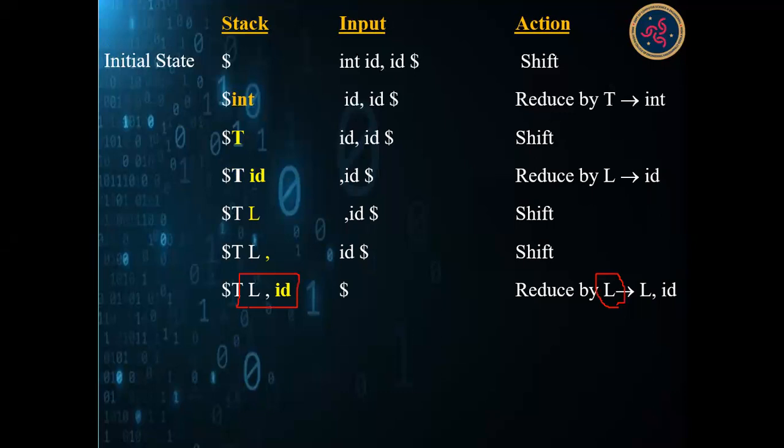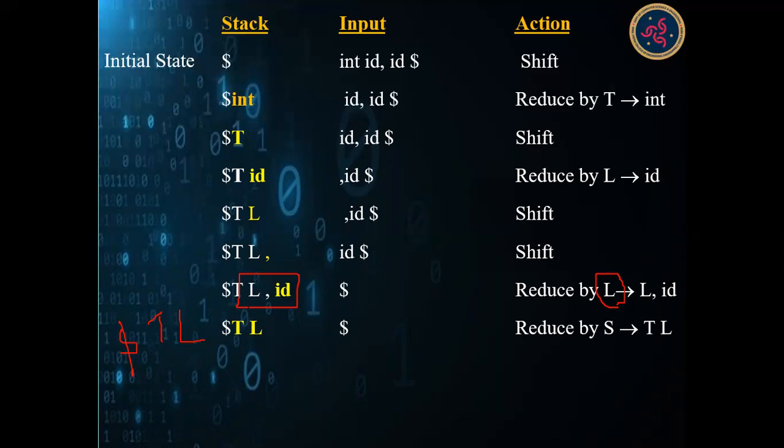So we have a dollar symbol, then T, and the left hand side of the production is L, so L will be pushed inside the stack. So here your stack will be dollar symbol T L.